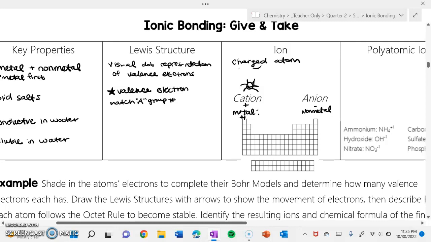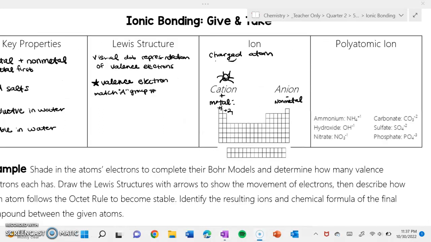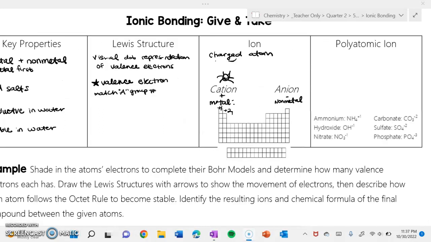Then our next group, alkaline earth, has 2 valence electrons, so they're going to result in a positive 2 charge. Group over, if we skip the D block, has 3 valence electrons. That would be a positive 3 charge for that group.